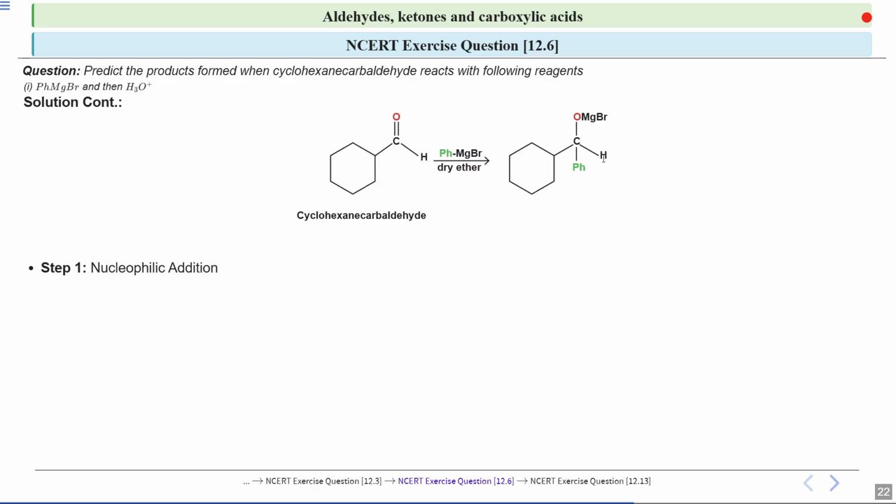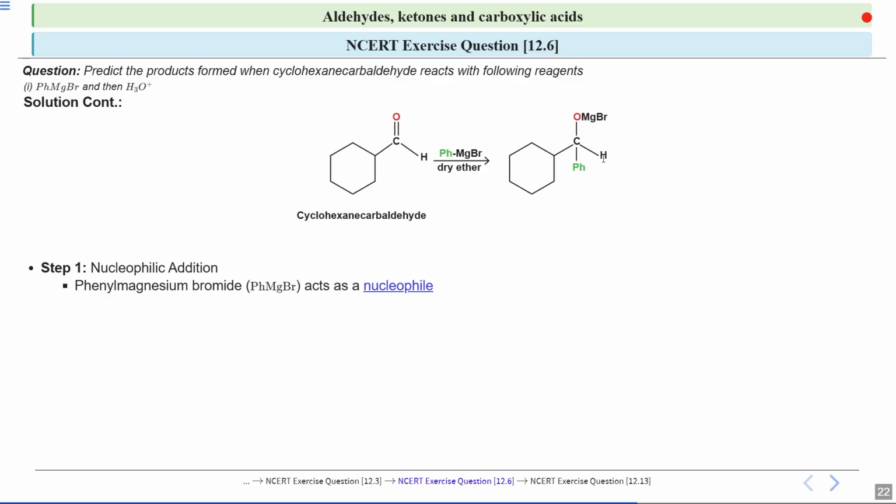Now, I think you must be clearly knowing what is acting as a nucleophile over here. Phenyl magnesium bromide acts as a nucleophile. Phenyl magnesium bromide, or PhMgBr, is a Grignard reagent. It is highly reactive and it seeks out the positive centers in the molecule.